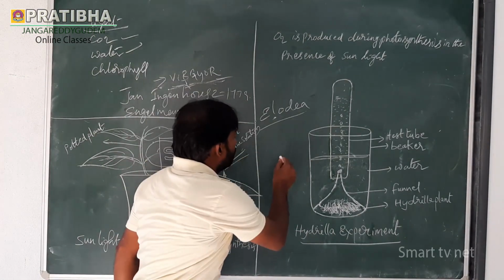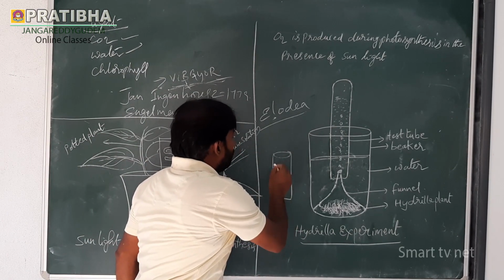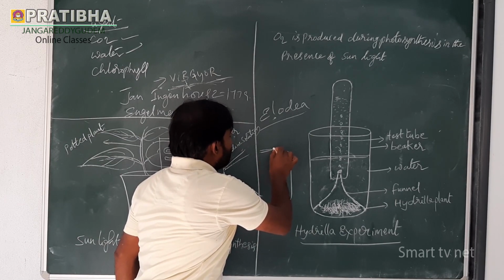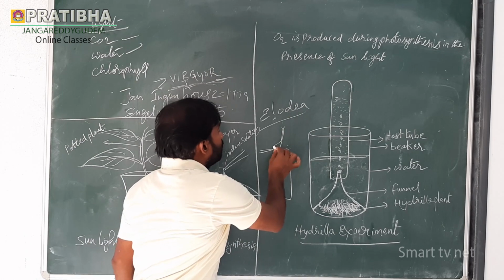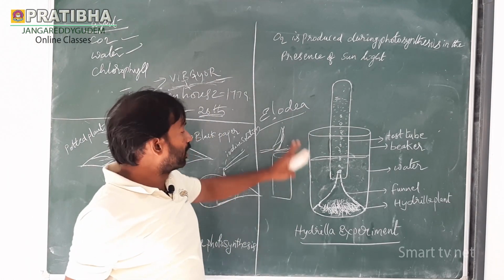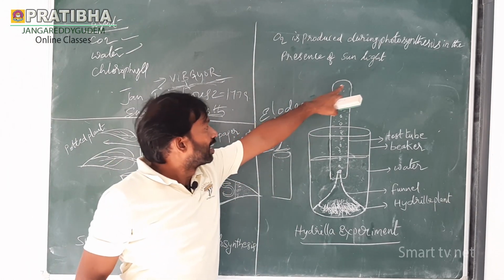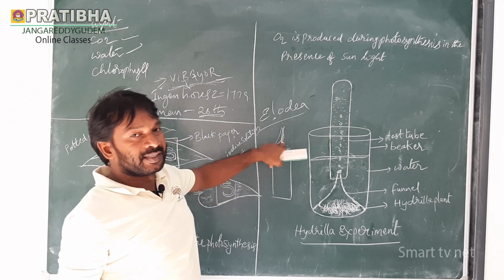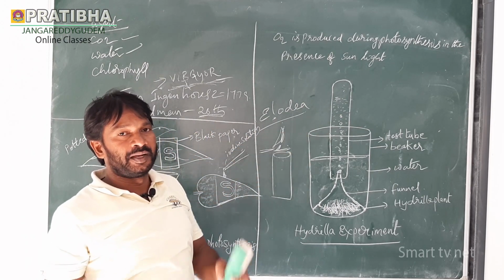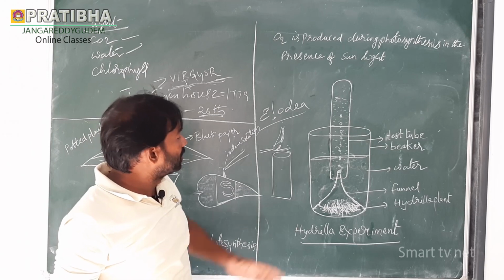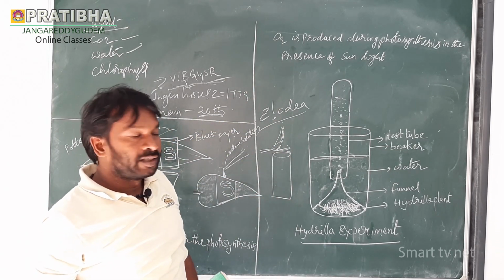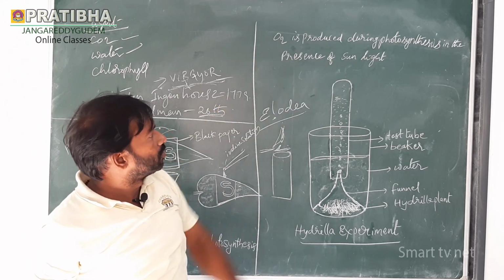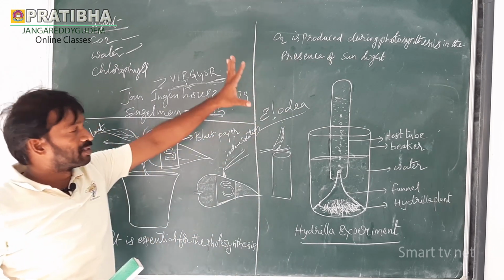Next, if you bring a glowing splinter, it burns very brightly. That means the gas collected here is oxygen gas. Oxygen gas has the character of supporting burning. So by this activity, they proved that oxygen is produced during photosynthesis in the presence of sunlight.